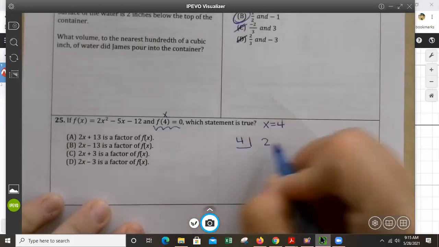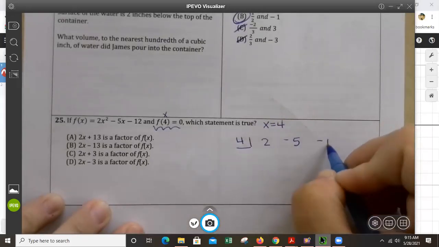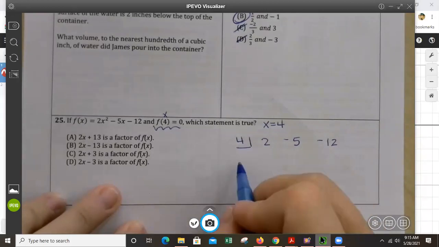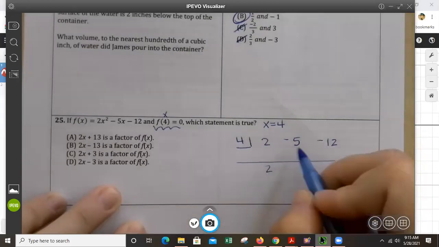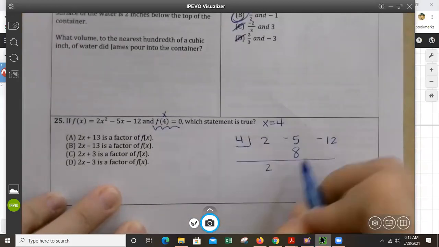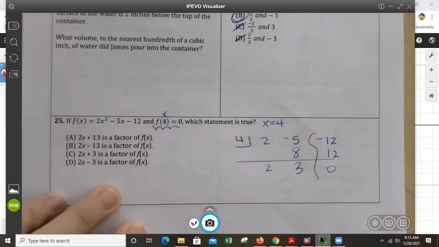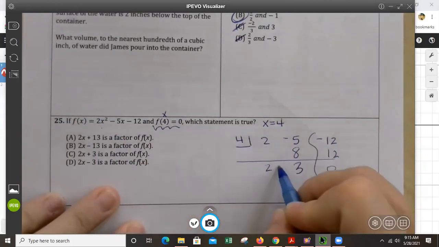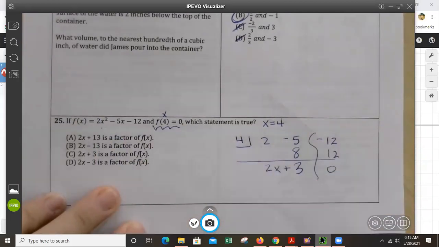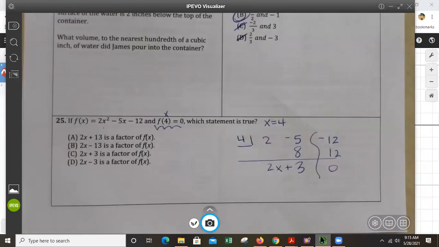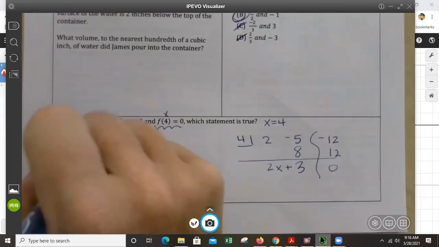So I have 2, -5, and -12. Bring down my 2, times 4 is 8. Add it, I get 3, times 4 is 12, which should be a 0. So then how do I write this? We started with x squared. So we drop it down 1, and then it's a +3. So your answer should be C.